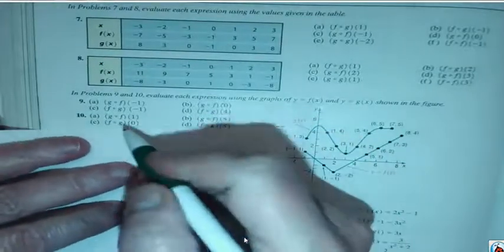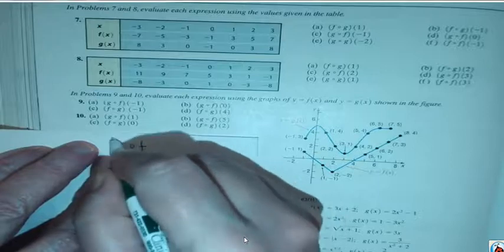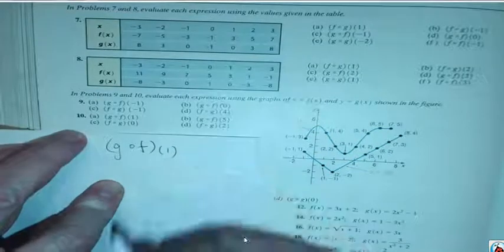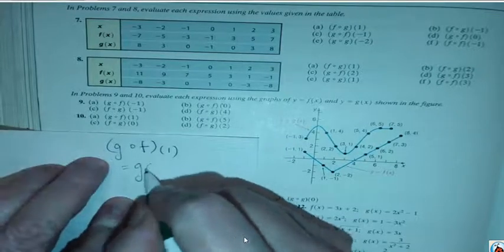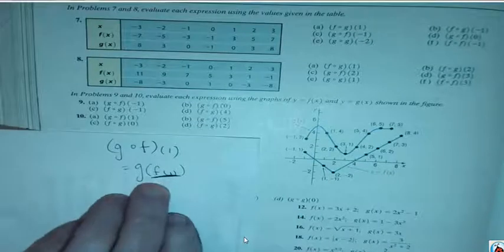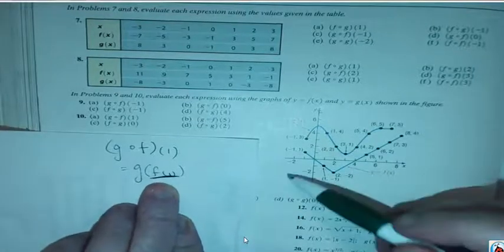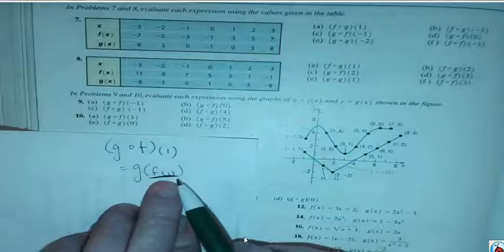Let's look at number 10. Using this graph, what is g composed with f evaluated at 1? That's going to be the first one evaluated at the second one. Here's the graph of f, and we should know how to get f evaluated at 1.